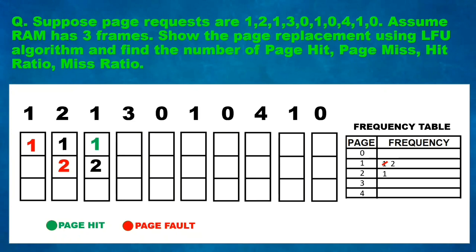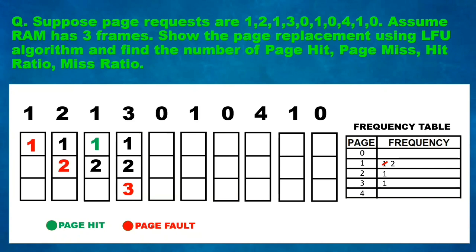and 2 remains the same. Now the page request is 3, so it is obviously a page fault, and now the frequency of page 3 is 1. Now all the frames are full and the new page request is 0. So according to LFU, which page has the least frequency?